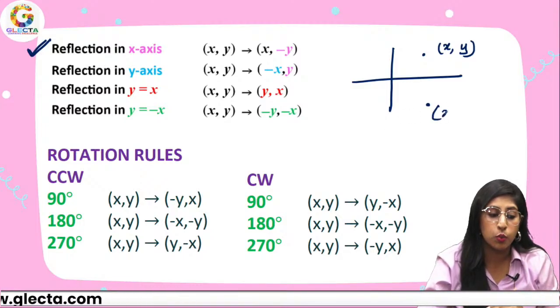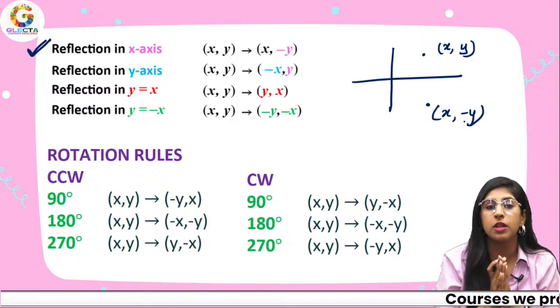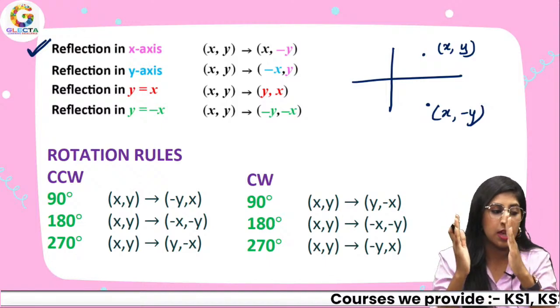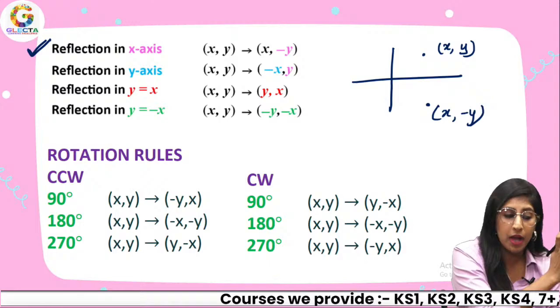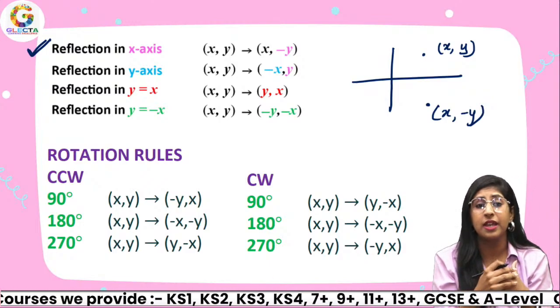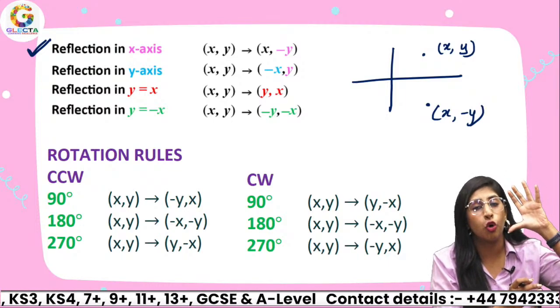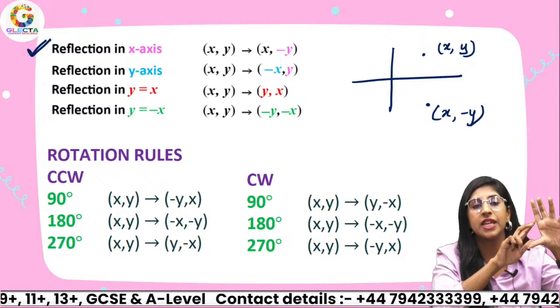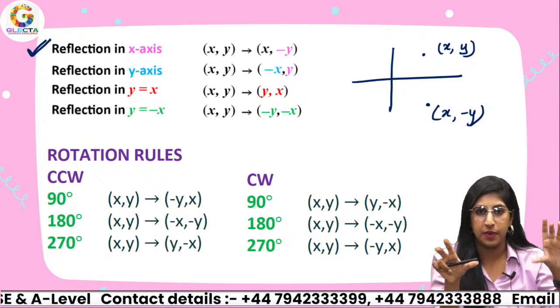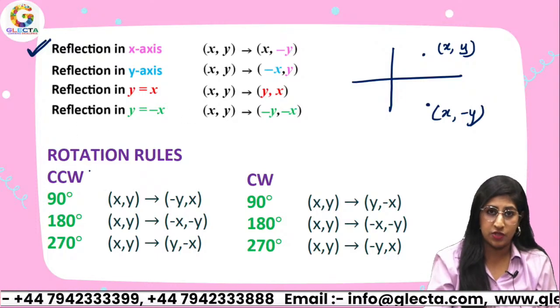So that's why the y coordinate will always become negative. Similarly, when we are seeing for x, x would become negative. Or instead, you can remember it by the line that x would change its sign. If it is already negative, then it will become positive. I hope you guys understood this concept and you have written down these formulas.